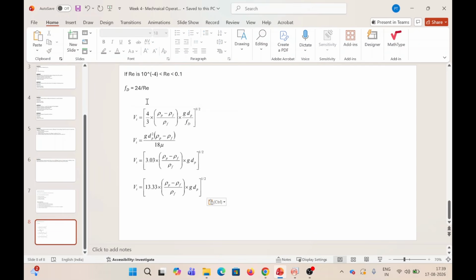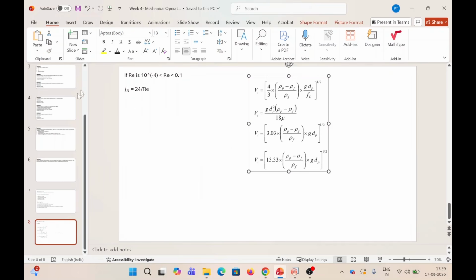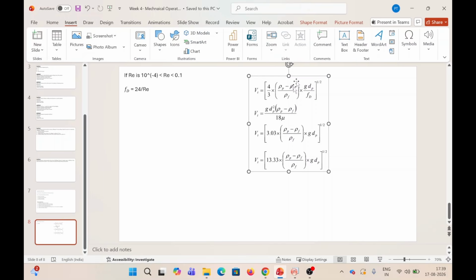Once you substitute this value of fd in the first equation, you will get VT as this equation number 2.